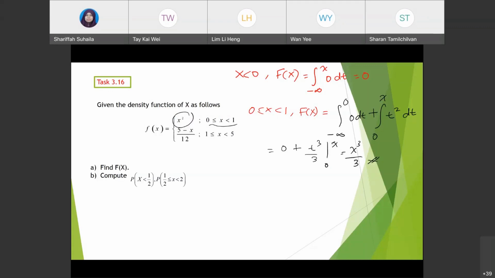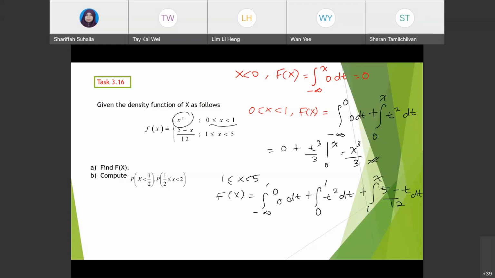So 1 and 5. Fx, again, you will have from minus infinity up to 0, 0 dt, 0 up to 1, t squared dt. Now 1 up to x, (5 minus t) over 12. Selesaikan dia punya integration dia.